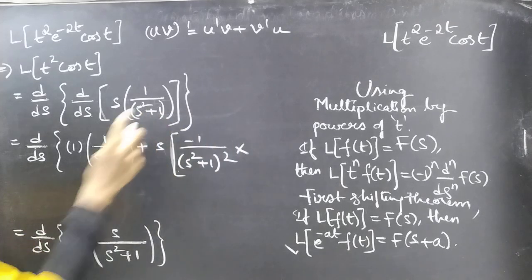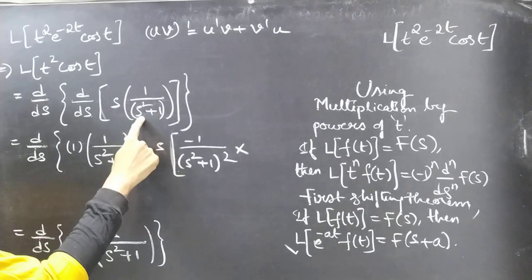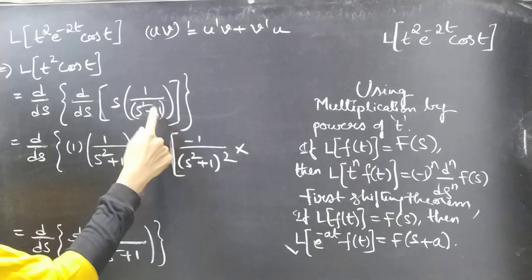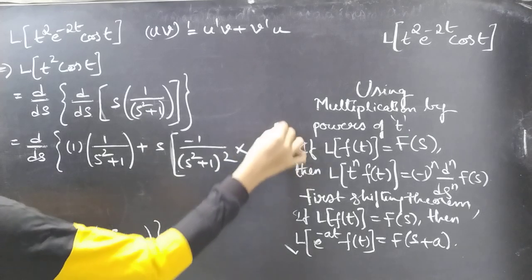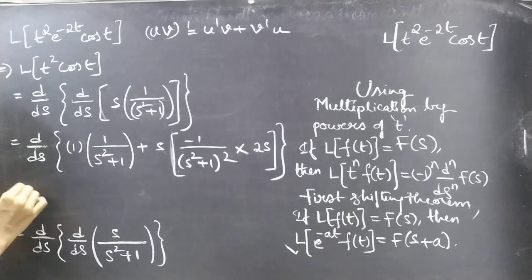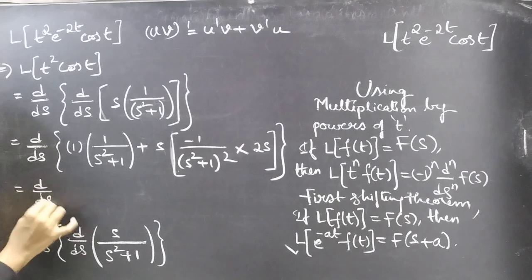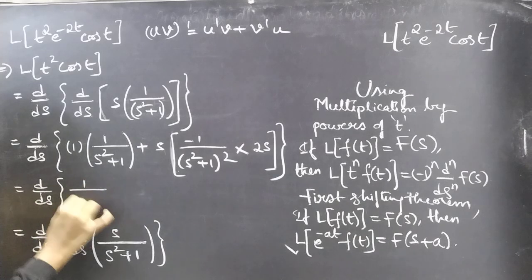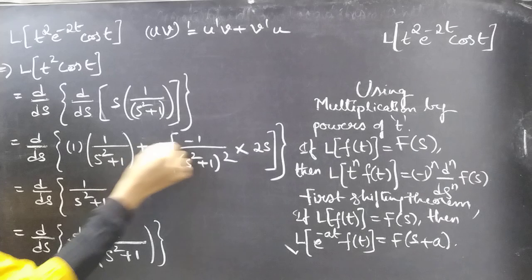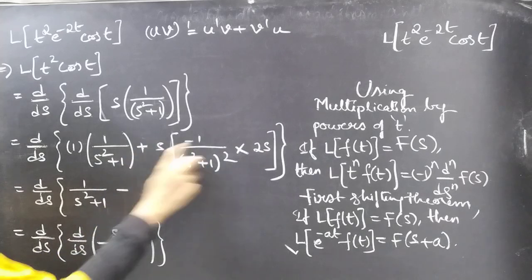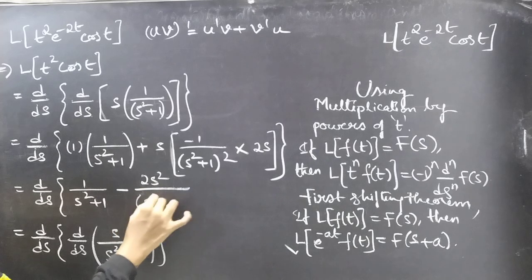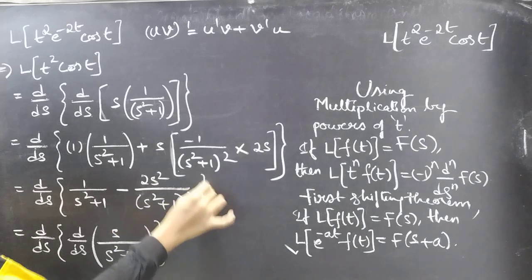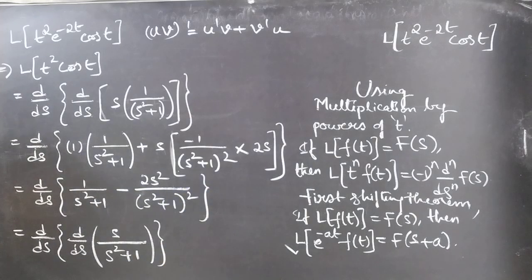The derivative of s square plus 1 is, derivative of s square is 2s plus derivative of 1 with respect to s is 0. So you'll get 2s, right? This gives us 1 by s square plus 1 plus minus s into 2s, that is minus 2s square by s square plus 1 whole square.